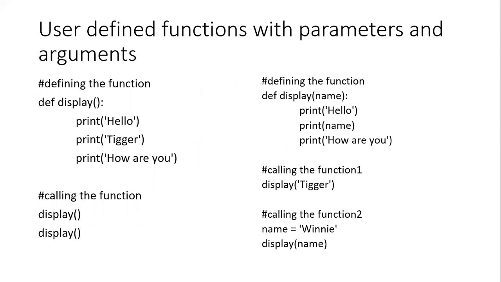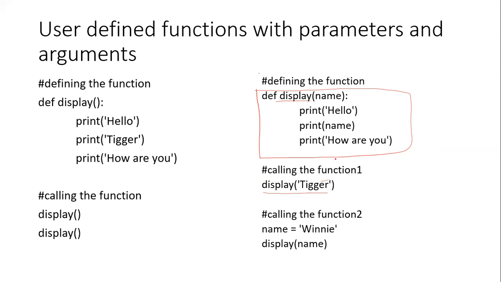Here's another example. Let's look at this particular example here. And there's my block of code. That's my one block called display. And here I'm calling display and I'm sending in the argument Tigger.